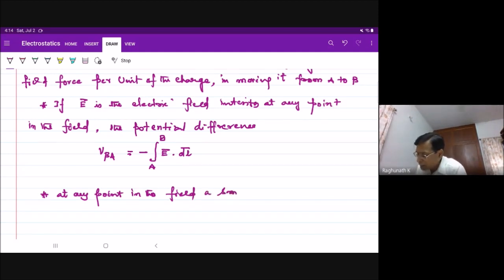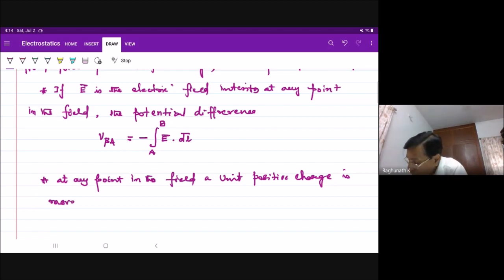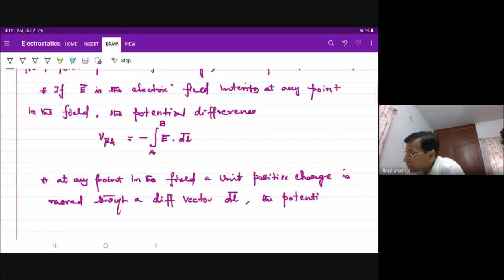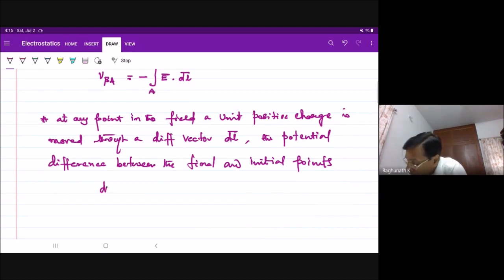If a unit positive charge, for the sake of talking about it, is moved through a differential vector dl bar, the potential difference between the final and initial points, dV, change in potential, is equal to minus E bar dot dl bar.